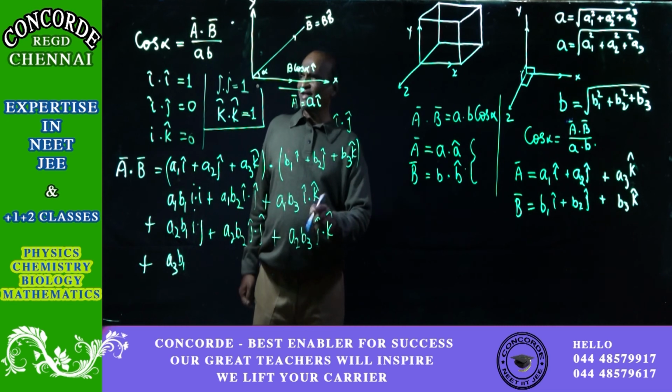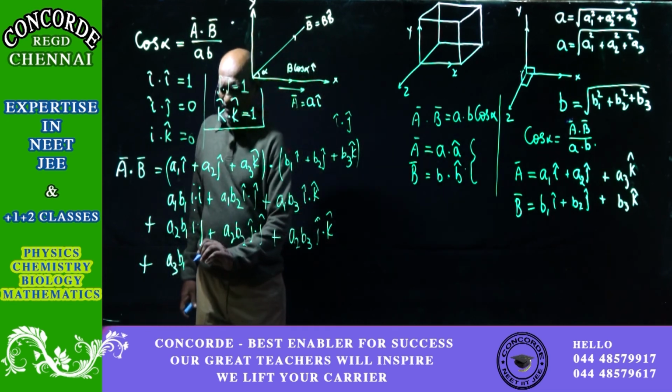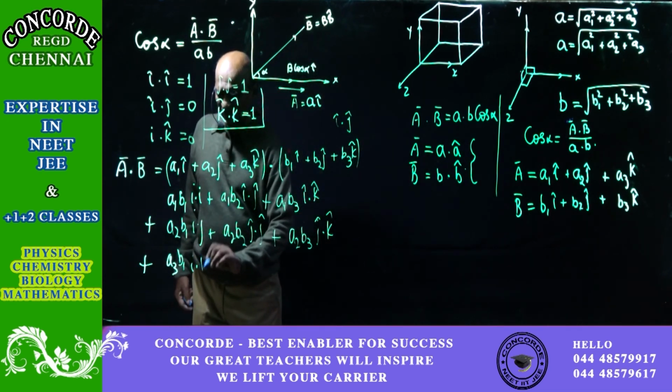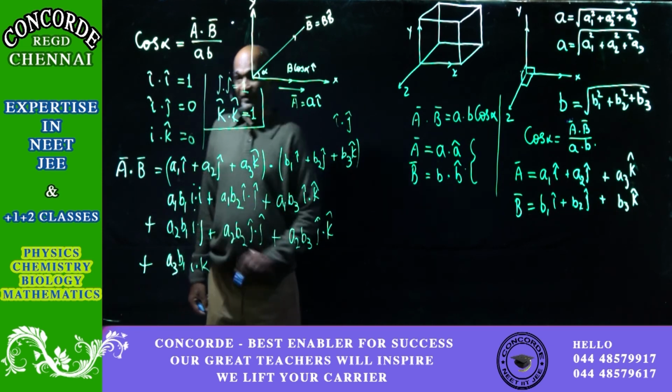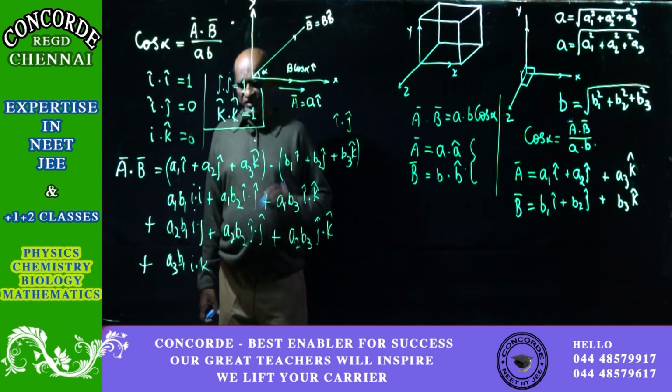I dot K is already there, better I put it like that. So this is I dot K. Please note all are unit vector. A cap is there at the top, which is understood.